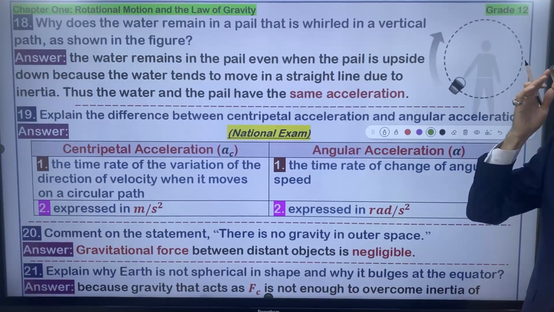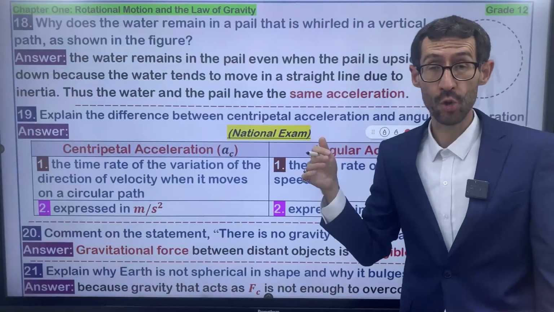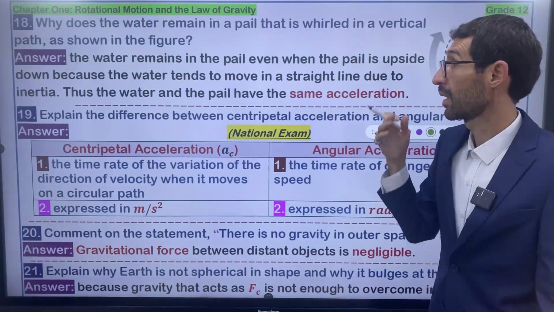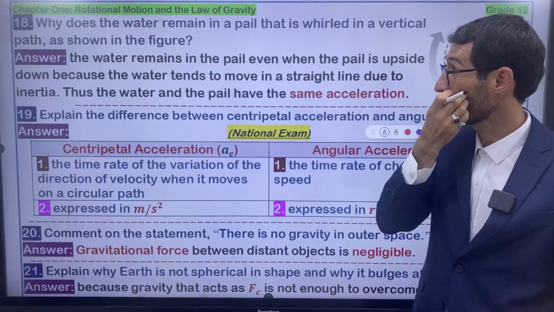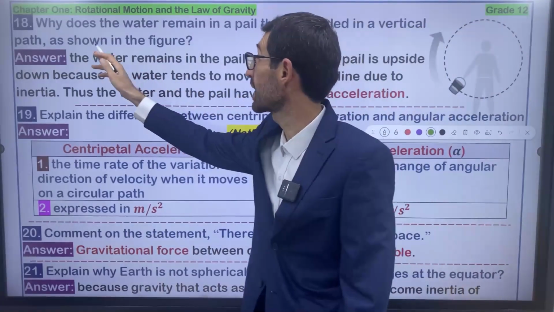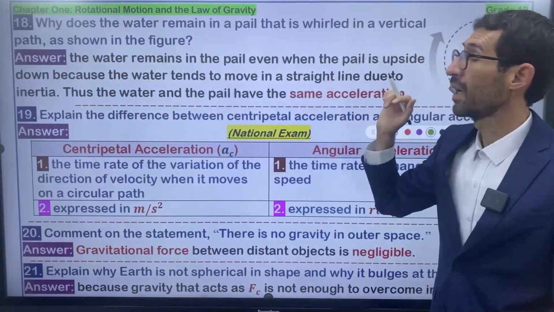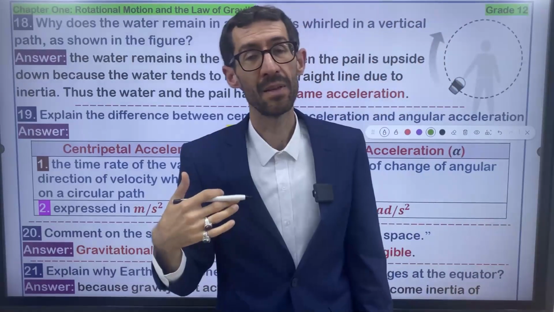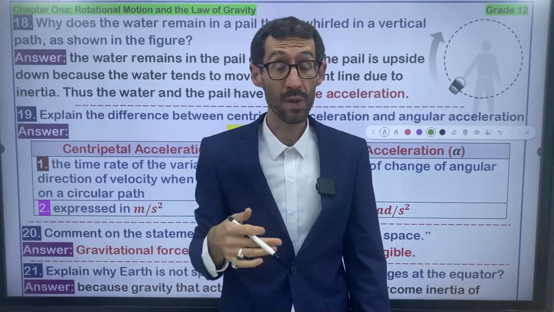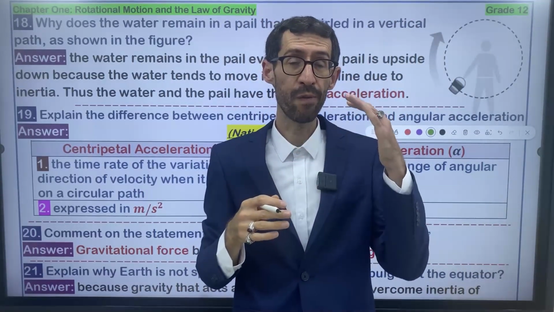Sometimes if you try this situation, you can actually get this case, as shown in the figure. I can say the question in other words: why doesn't water fall?